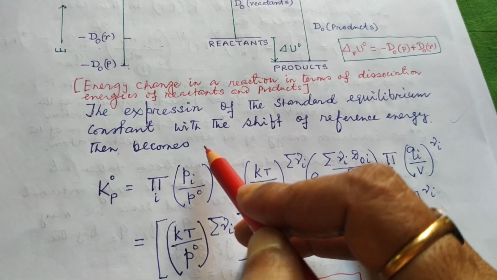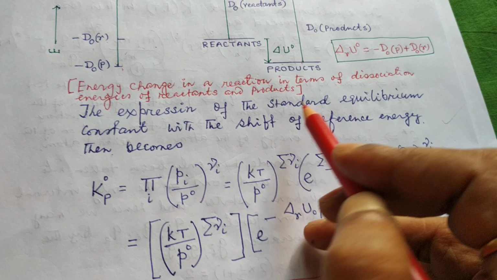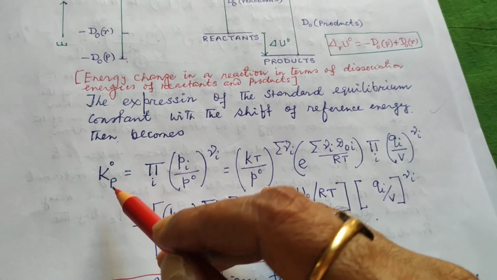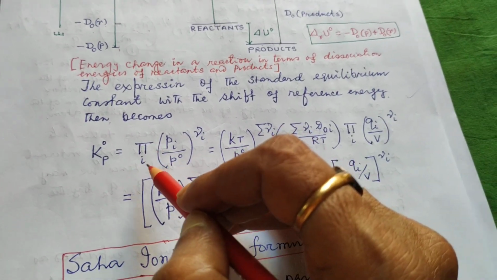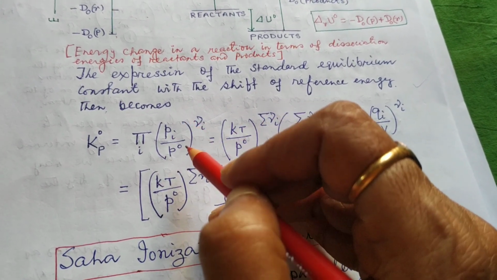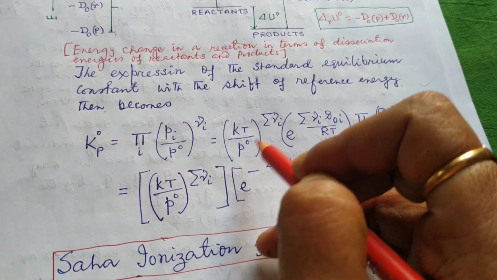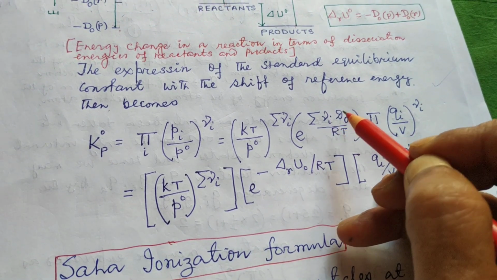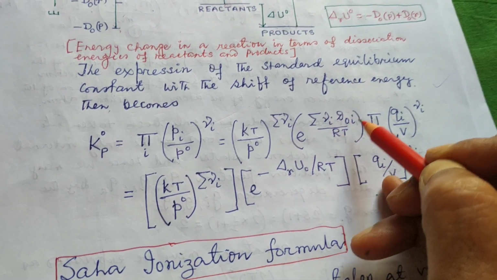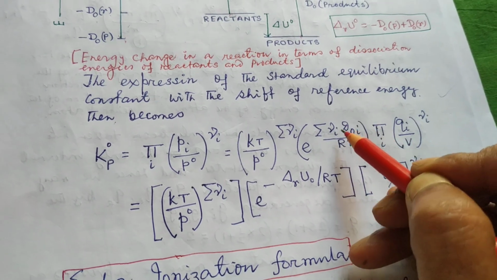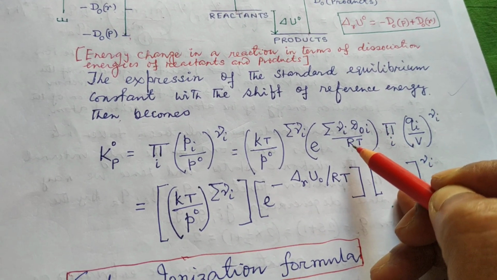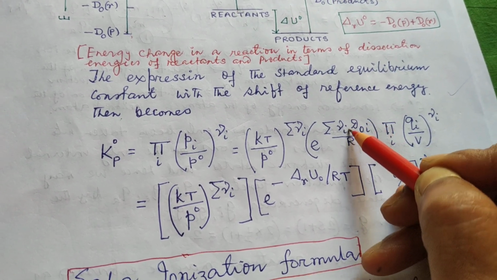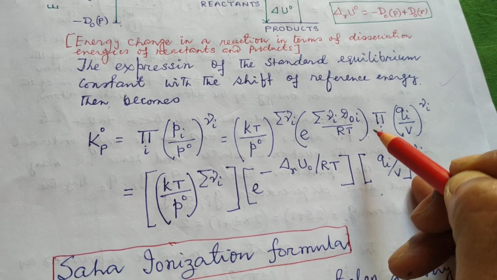Now the expression of the standard equilibrium constant with the shift of the reference energy becomes: Kp0, the product of (Pi by P0) to the power nu i, equals (kT by P0) to the power sum of nu i, times e to the power minus the sum of nu i D0i by RT, where D0i is the dissociation energy of species i. We have used here energy per mole, so this is divided by RT.